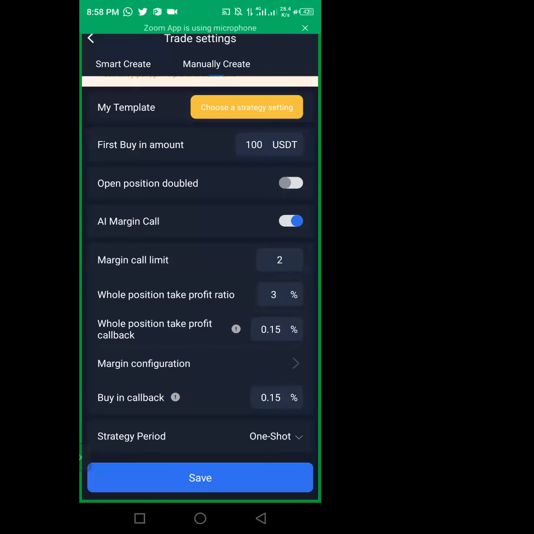Then this double open position. If you mistakenly open position doubled, maybe you are trading this coin with $200 now. All your settings are okay, 200, and you now added another 200.